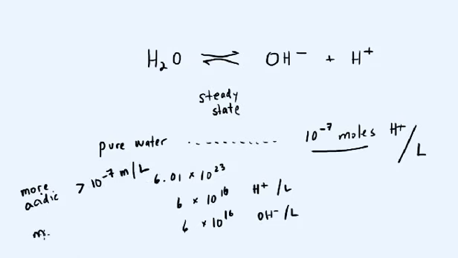More basic, the concentration of hydrogen ions is going to be less than 10 raised to the minus 7th moles per liter.